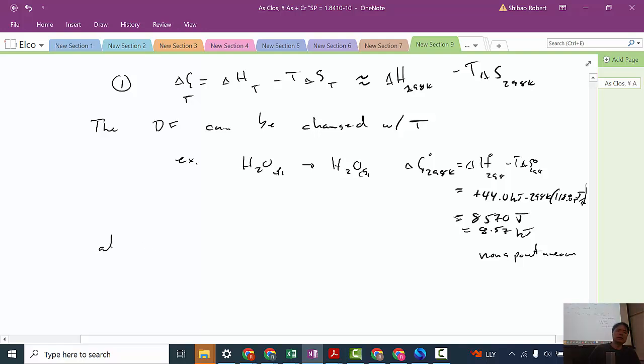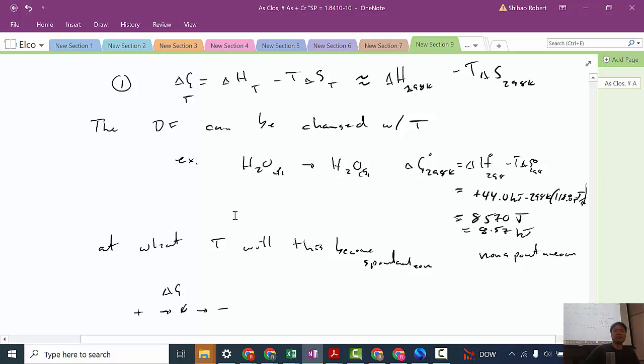And what I'm going to do is I'm going to say this. At what temperature will this become spontaneous? What we want is for the delta G to go from positive to 0 to negative.